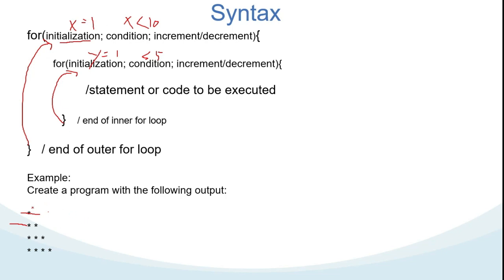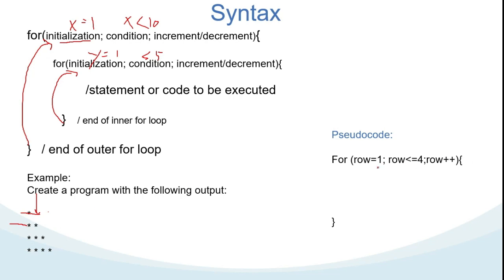So if I call the first one the row, and the one on the y-axis here the column, the pseudocode will look like the following. The row will start from row 1 up to row 4 because we have 4 rows.